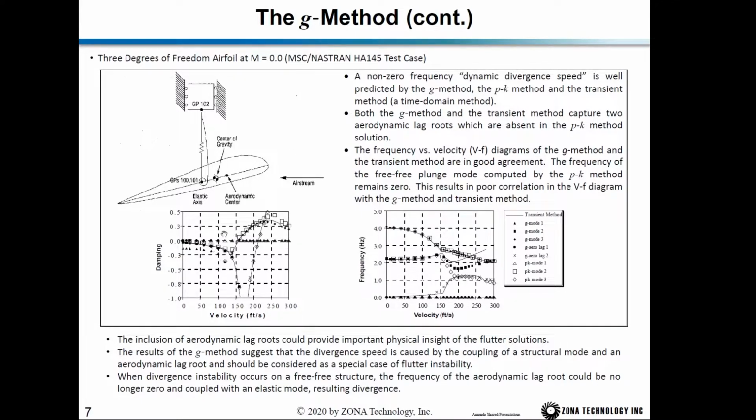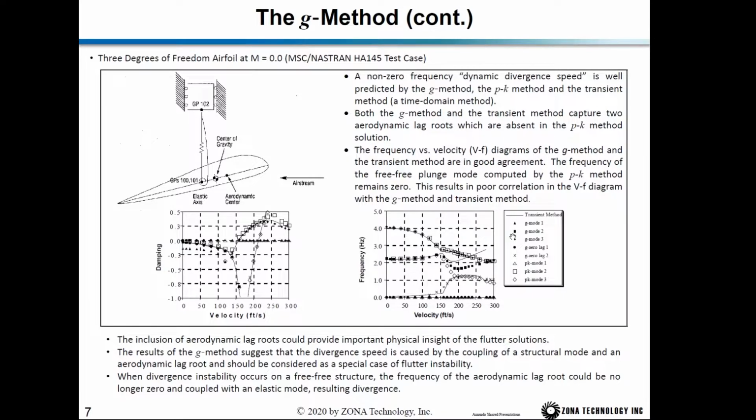So you can see, because it is 2D incompressible flow, we have the exact unsteady aerodynamic solution in the Laplace domain by the Theodorsen function, and we can generate the so-called transient method, which is a reference solution shown by the solid line.